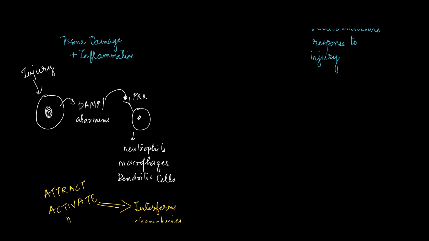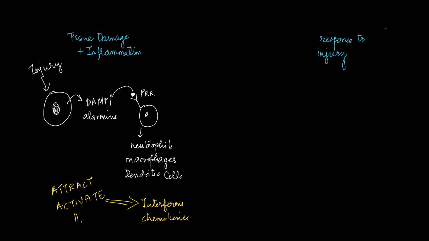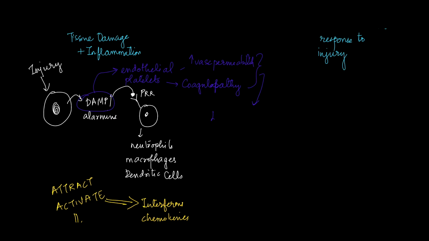This entire process of activation via damage associated molecular patterns that we just saw can also happen in endothelial cells as well as platelets. Now, the consequence of this would be increased vascular permeability and coagulopathy, which would ultimately lead to local ischemia because of changes in the microcirculation.